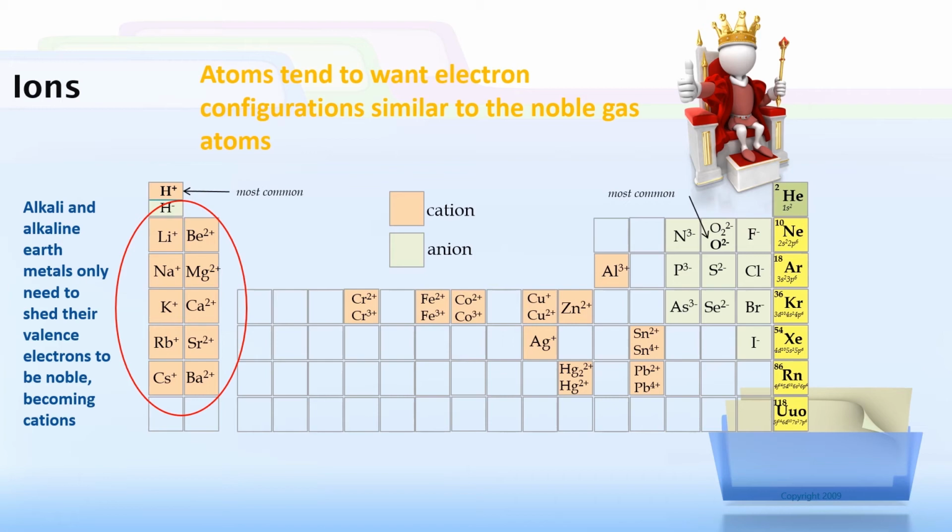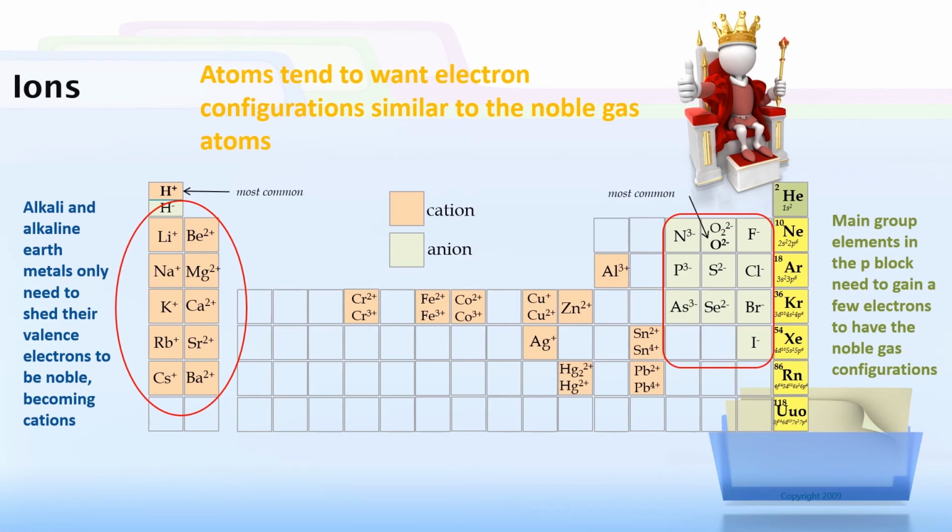Now, the electronegativities and ionization energies are low for these atoms, which also highlight their willingness to let go of these outer electrons. Halogens and other main group elements in the p block only need to gain electrons to have the noble gas configurations, thus becoming anions.